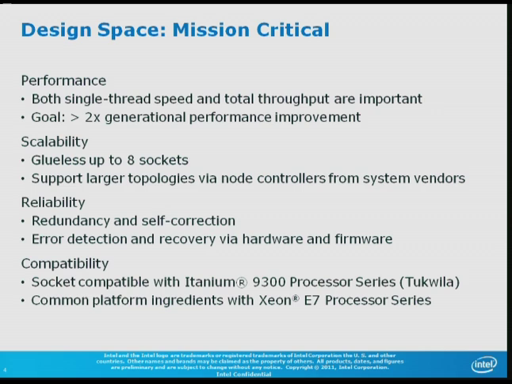This is the Tukwila chip, which was the last generation of Itanium. Both Tukwila and Poulson fit into the same platform and share a lot of those platform ingredients with the Xeon E7 processor. So this compatibility requirement in many ways formed one of the power challenges of Poulson.